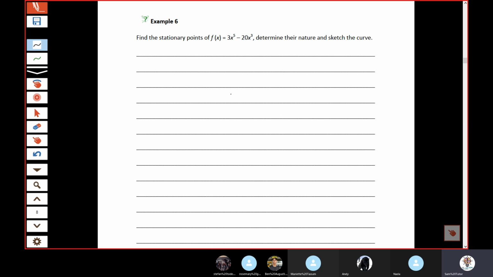I guess I'll just slowly start off. F dash x, 15x to the power 4 minus 60x squared. F double dash x, 60x cubed minus 120x.